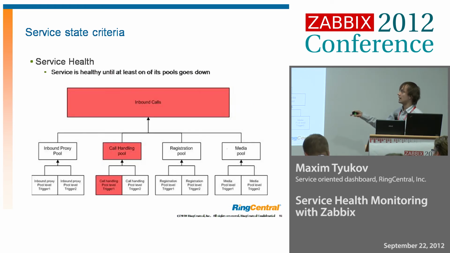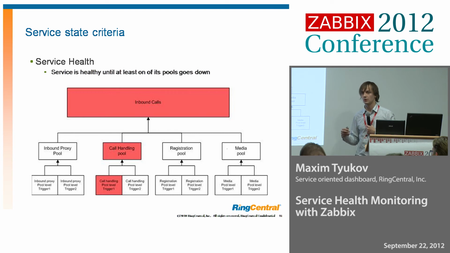And we use service health logic determination. We'll take inbound calls as an example again. This service depends on 4 pools here. And each pool already has data on the pool level, and the appropriate triggers are set.